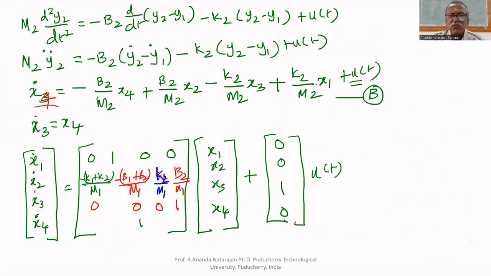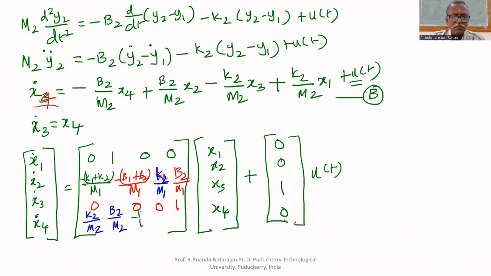What is the coefficient of x1? K2 by M2. What is the coefficient of x2? B2 by M2. What is the coefficient of x3?